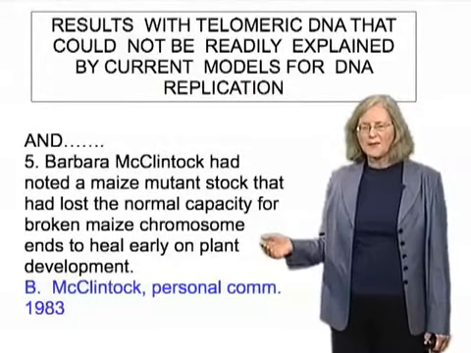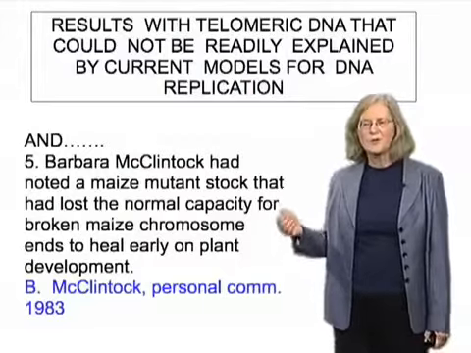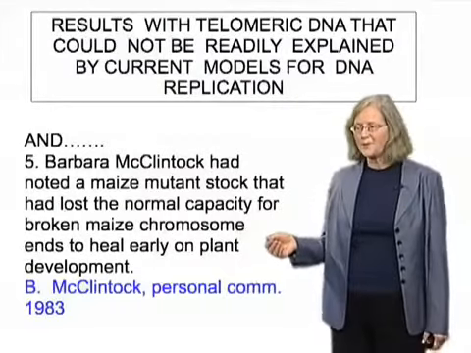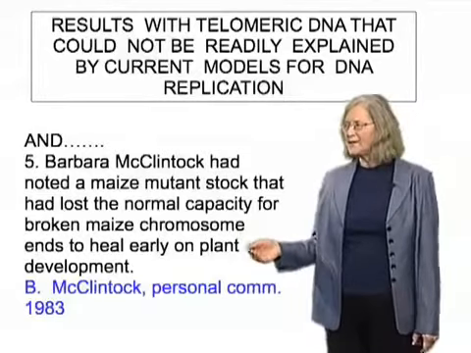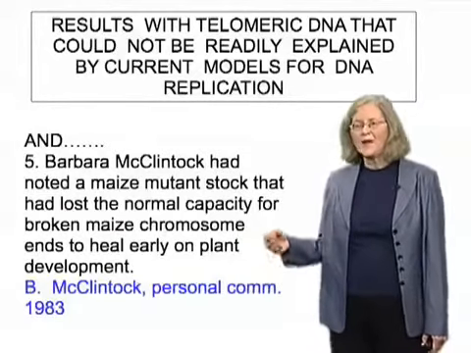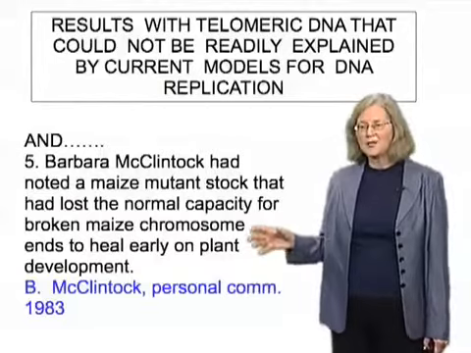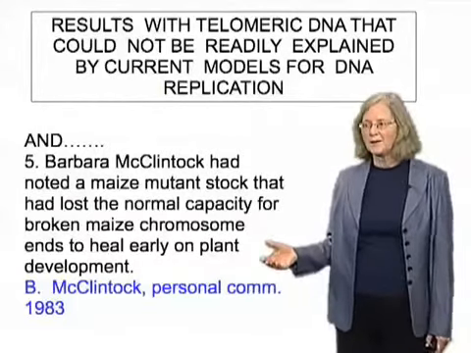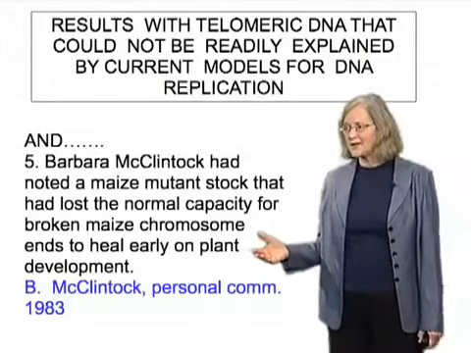In such wild-type maize, if a chromosome is broken by, for example, X-irradiation or some mechanical rupture, at a particular stage in development, then that broken end can be, as she described it, healed. It becomes a normal, stable telomere. Nobody knew the molecular basis of that.